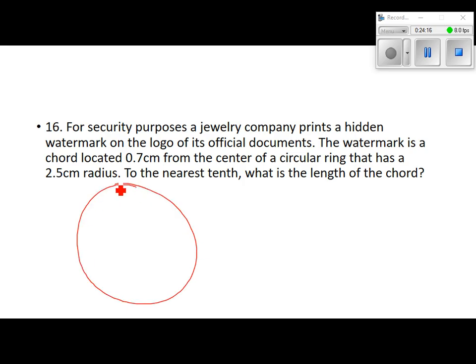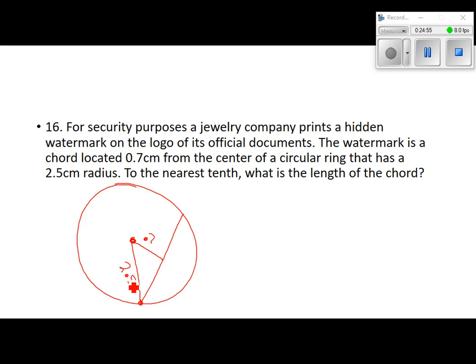So I'm just going to draw myself a picture here. We got this ring, and we'll put a center in it, and we have some chord that runs from one side to another. It's located 0.7 centimeters from the center, so from here to there is 0.7 centimeters, and it has a radius of 2.5 centimeters, so from here to here will be 2.5 centimeters.